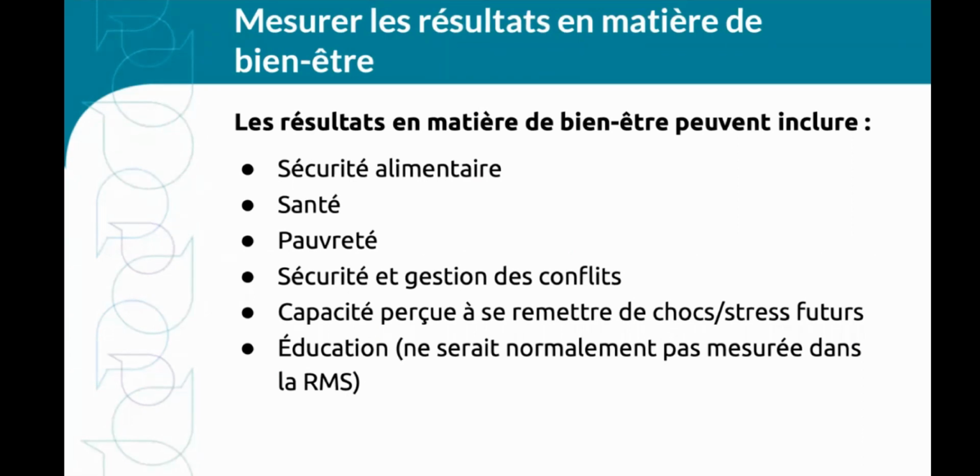In BHA, in RFSAs, food security is obviously a critical well-being outcome that we would normally want to focus on. But we can also think about measuring well-being outcomes in different dimensions, such as health outcomes, general economic outcomes, security, and education. As I say, normally in RFSAs, we're particularly focused on food security outcomes. Next slide, please.